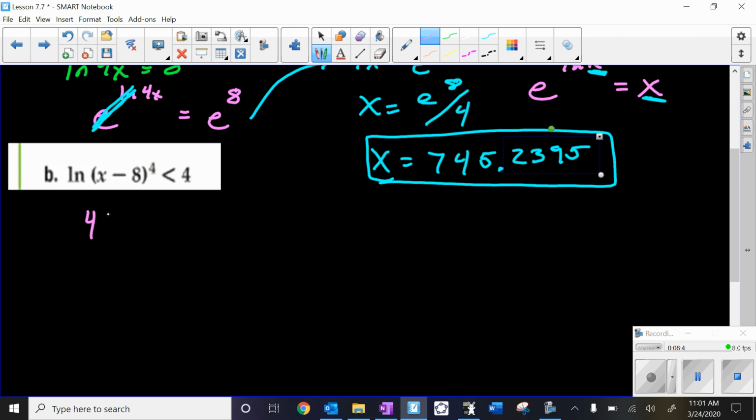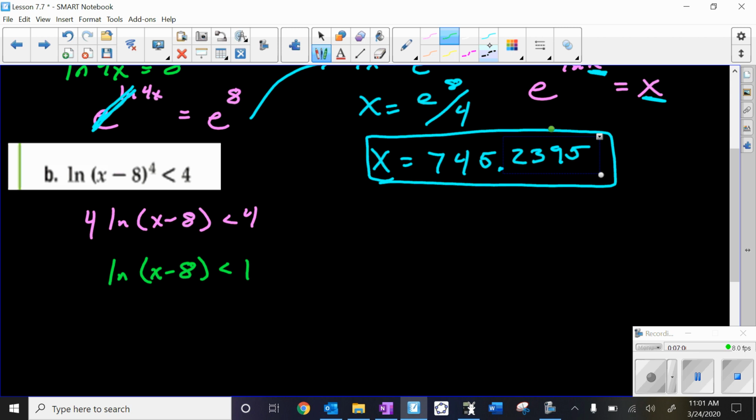So now I have 4 natural log of x minus 8 is less than 4. And I want to get the natural log by itself. So in order to do that, I have to divide both sides by 4. That leaves me with natural log of x minus 8 is less than 1. 4 divided by 4 is 1.